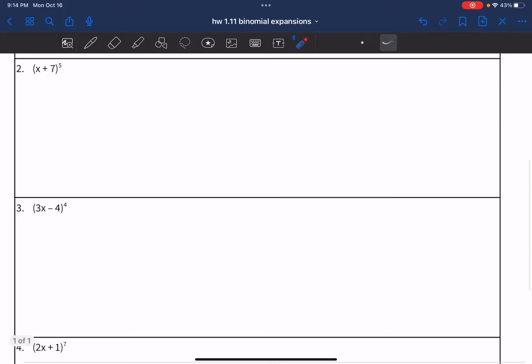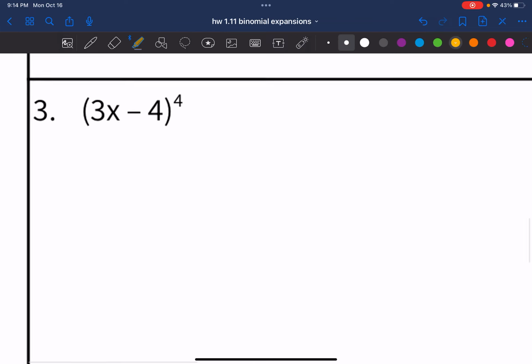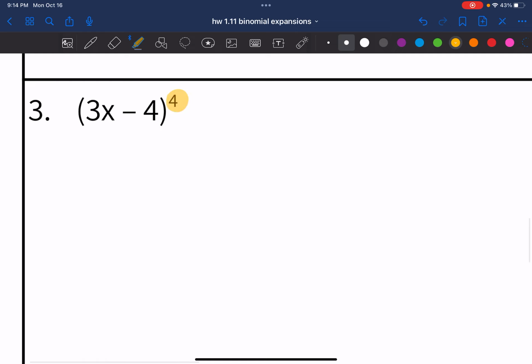Let's do number 3. This one has the smallest exponent, but both of its terms have numbers included in it, so this one's going to be big numbers when you put it together. Number 3 wants us to raise that binomial to the 4th power. The first thing you need to find is the 4th row of Pascal's triangle.